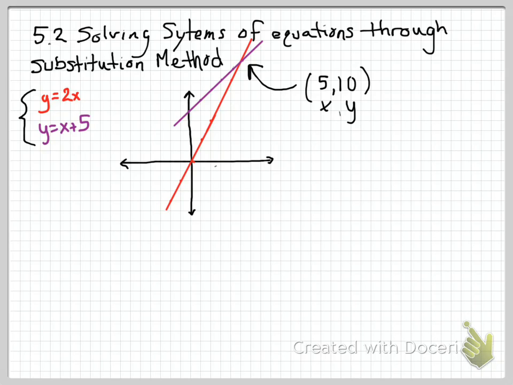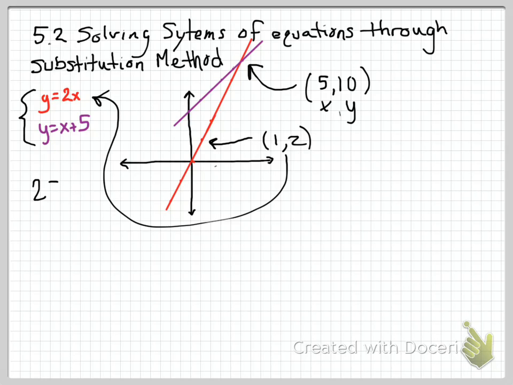If I use any other ordered pair, say I pick a point off of the red line, that's (1, 2). If I try to use (1, 2) inside this equation, I will get 2 equals 2 times 1. Pause this and talk about this if there's somebody in the class that doesn't understand where I'm getting those numbers or what I'm doing.